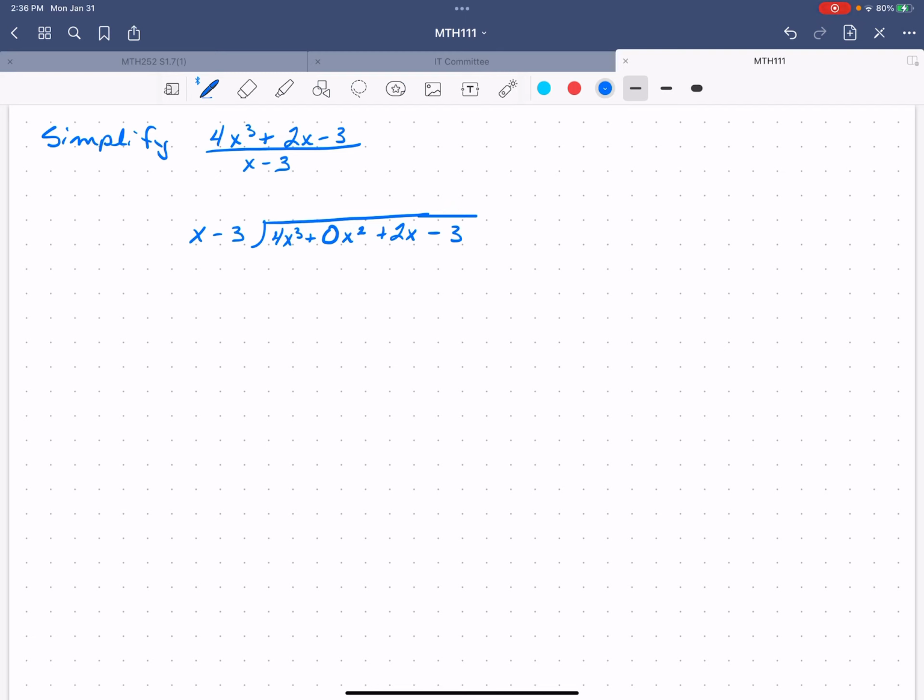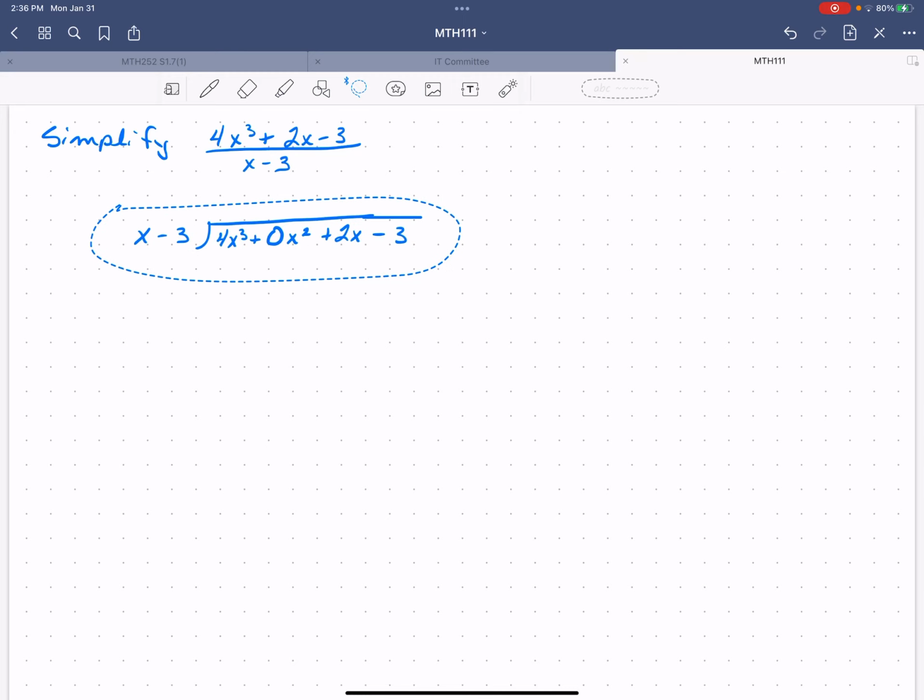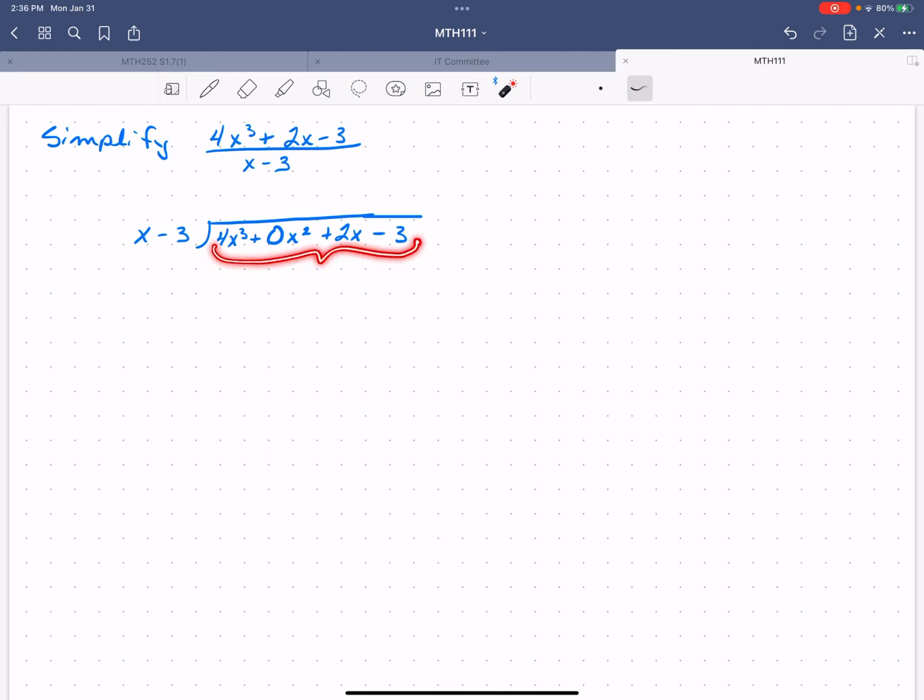My polynomial dividend, the polynomial I'm dividing into, always needs to have all of the powers, starting with the highest one, marching down one power at a time. So if you've got a cubic, you need to have a total of 4 terms underneath this division sign.